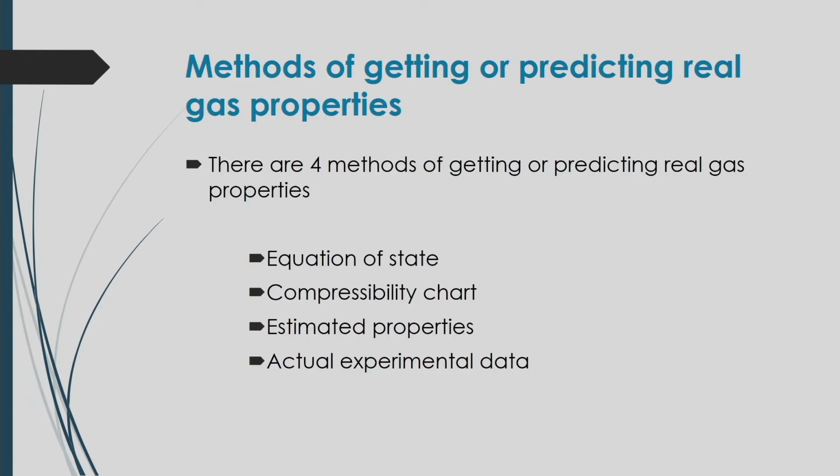Now, in general there are four methods of predicting real gas properties. You can predict real gas properties either by an equation of state, or by a compressibility chart, or by estimated properties, or by actual experimental data. You can follow any of these four methods to predict or estimate the non-ideal behavior of real gases.